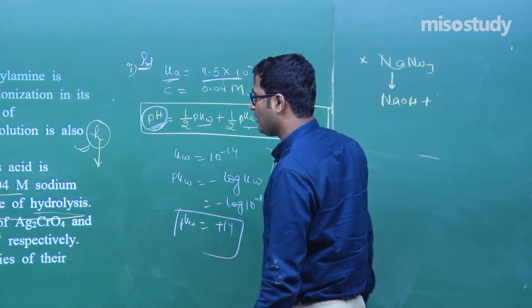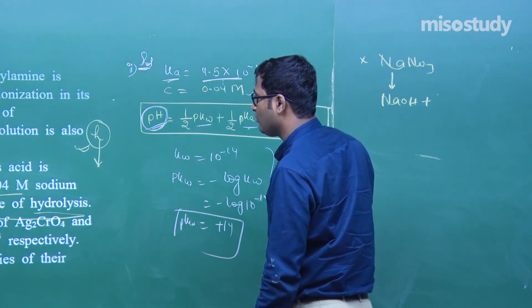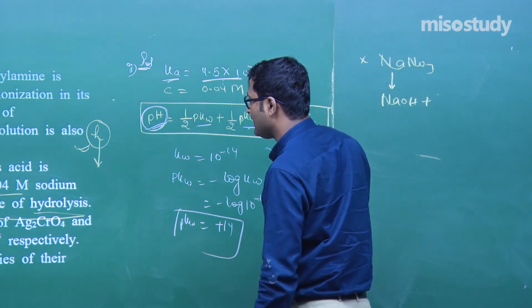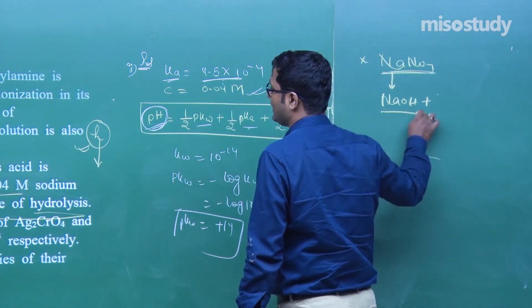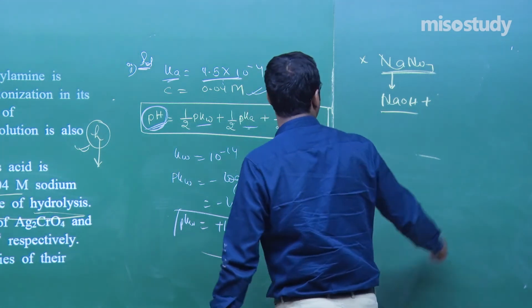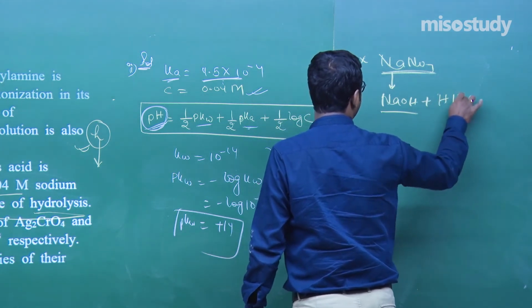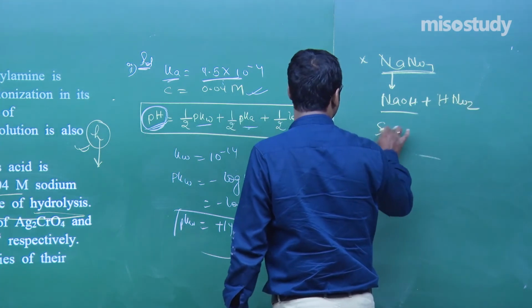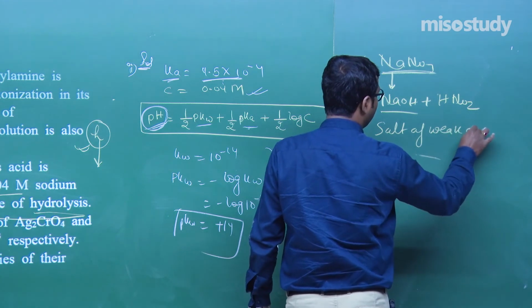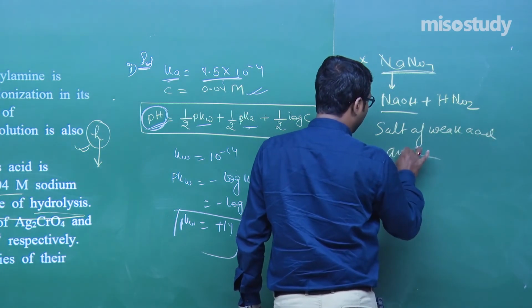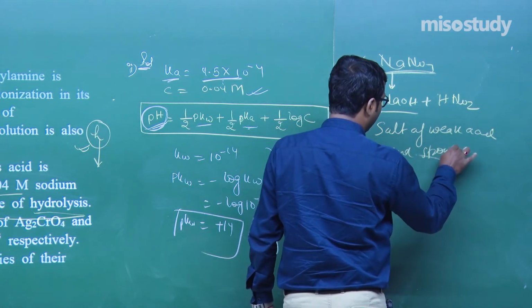Calculate the pH of 0.05 nitrous acid salt and the degree of hydrolysis. That is NaOH and nitrous acid, and it is a salt of weak acid and strong base.